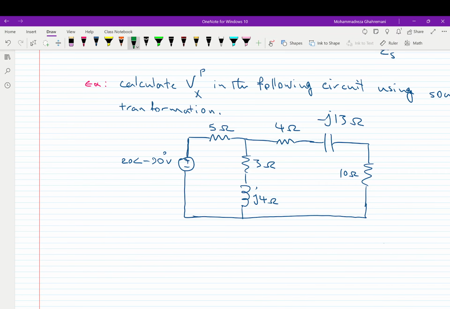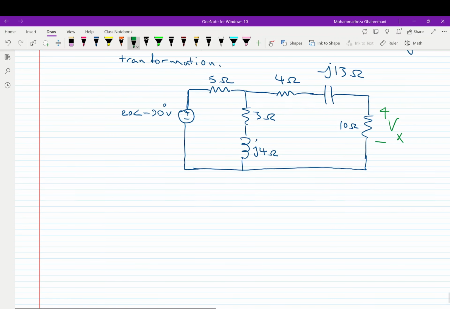The voltage across the 10 ohms resistor is Vx, and we are supposed to find it using source transformation.